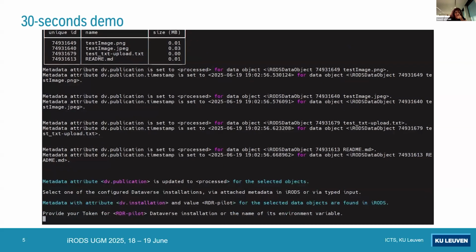So there is an API token provided to authenticate into the Dataverse installation, and this is happening interactively during the user script. If you look at the demo, the token is provided and the connection is starting, and then we have to maintain this connection for as long as the file upload is happening. Is that addressing your question?